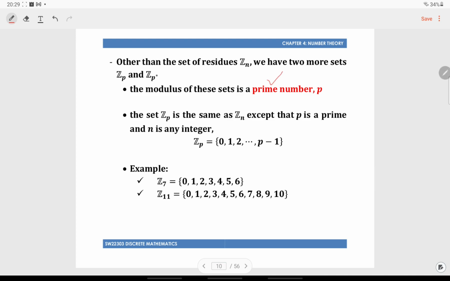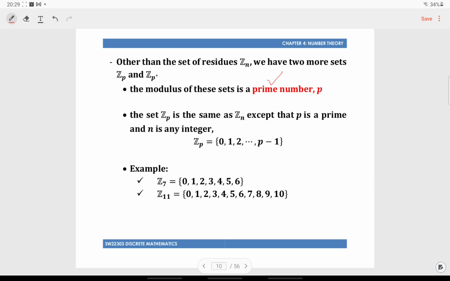What is the definition of a prime number? A prime number is any natural number greater than or equal to 2 which can be divided without any remainder by only two numbers, 1 and itself. That is what we call a prime number.